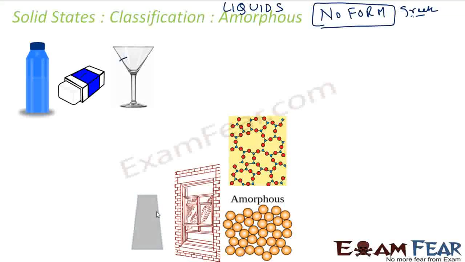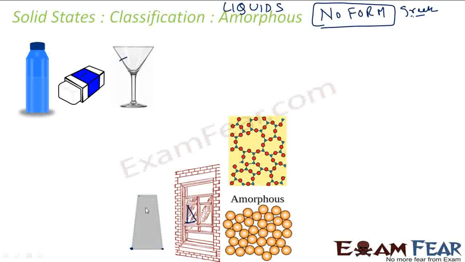One good example is the old window panes. If you see old building panes, you will see the width is a little different. This is the top, this is the bottom. It is wider at the bottom. Why? Because the window is made of glass, and glass is amorphous, and amorphous behaves like a liquid.